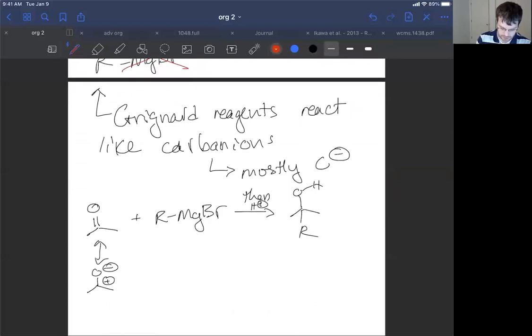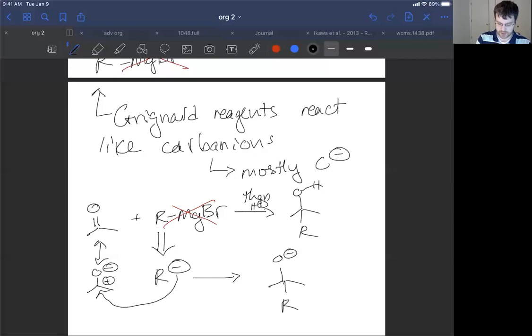We can then cross out, this isn't a resonance structure, we can cross out the magnesium bromide and just consider an R minus instead. The R minus can then engage the carbon with a positive charge to give rise to a species with a new carbon-carbon bond. The oxygen is still negative, but that's where H plus comes in from the workup step. Oxygen grabs the H plus to give rise to the product.